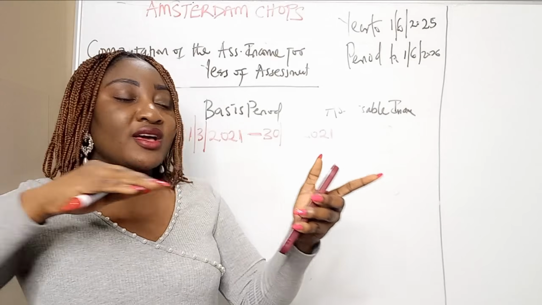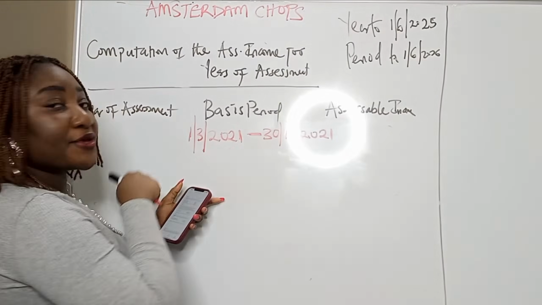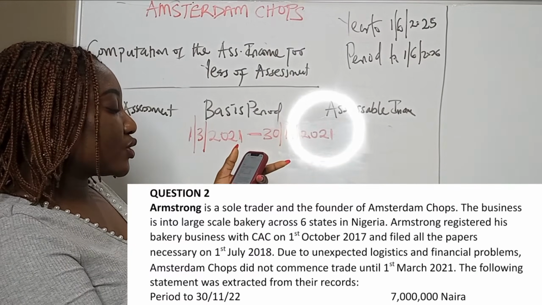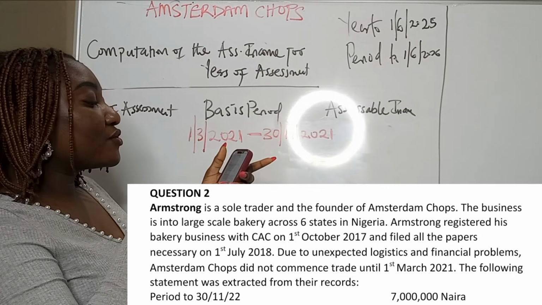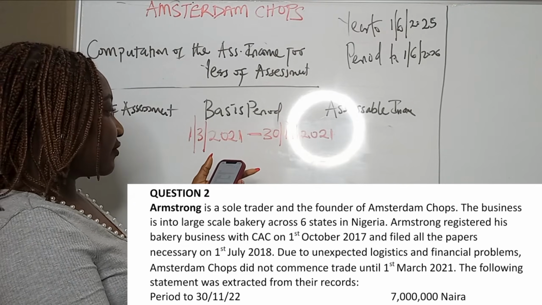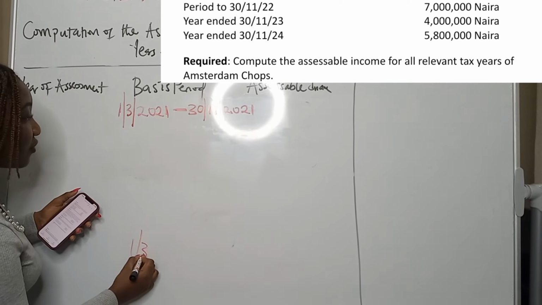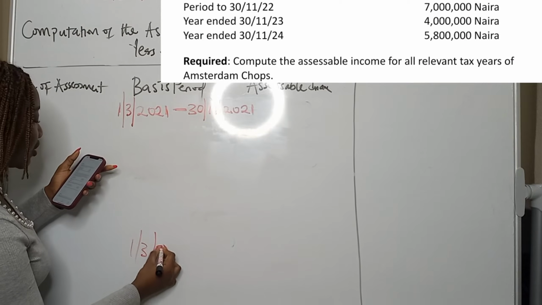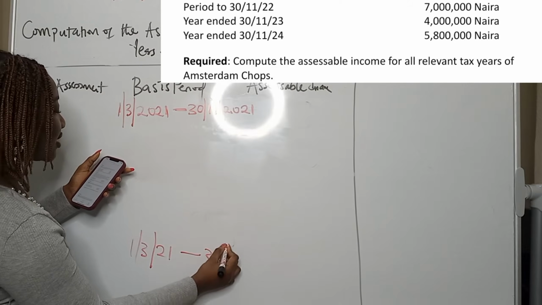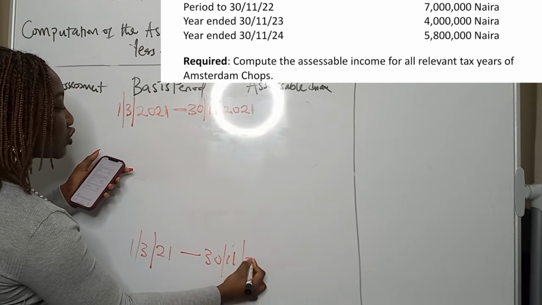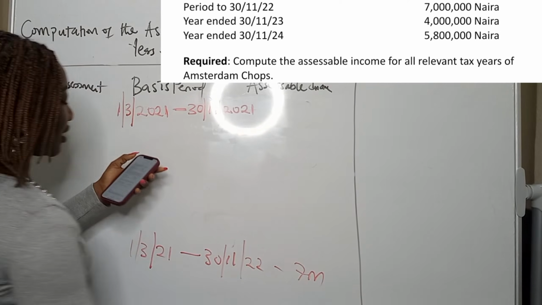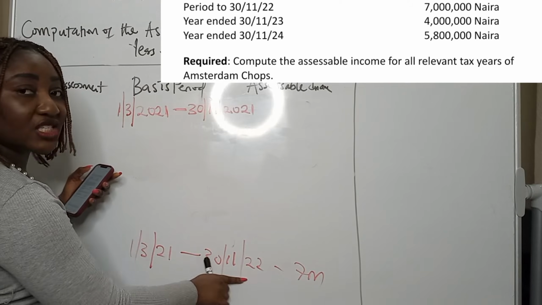He gave you a long period, and that period to 30th of November 2022, he said they made 7 million naira. Right? That period started when? On the date of commencement. 1st of March 2021 to 30th of November 2022, 7 million naira. How many months is between this?